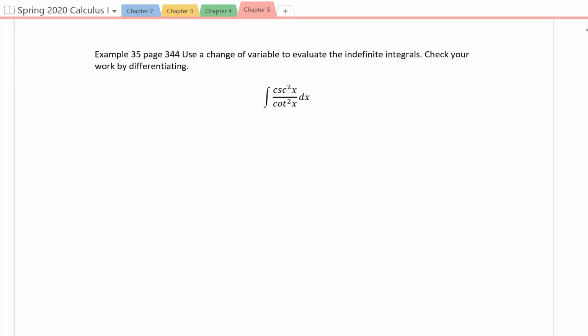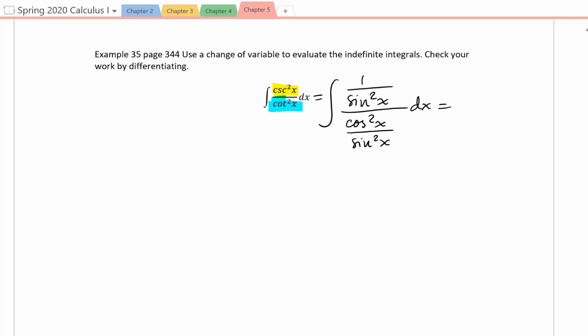In trigonometry, you learn that when you have cosecant and cotangent, sometimes it's better to just change them into sine and cosine. So let's change that. Cosecant squared of x is 1 over sine squared of x. Cotangent squared of x is cosine squared of x over sine squared of x, dx.